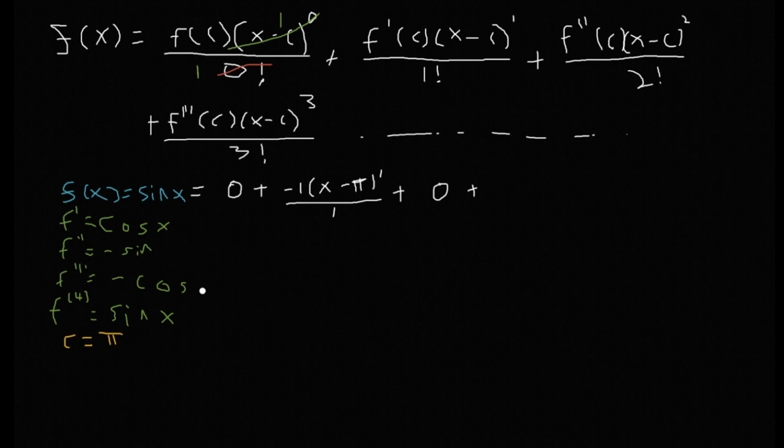Cosine pi, I didn't even finish writing out the x's. Cosine pi is negative 1, and then the negative of that is positive 1. So this is going to be positive 1 times x minus pi. We are on the third derivative here, so x minus pi to the third power over 3 factorial. And then sine 0 again is just 0.